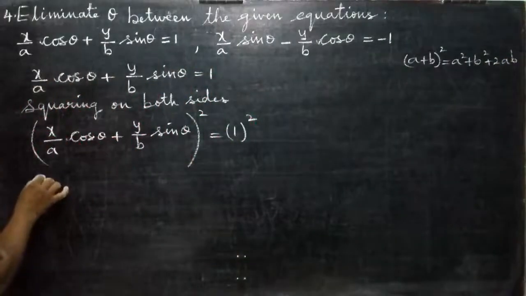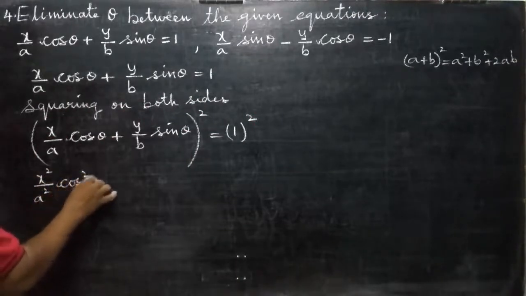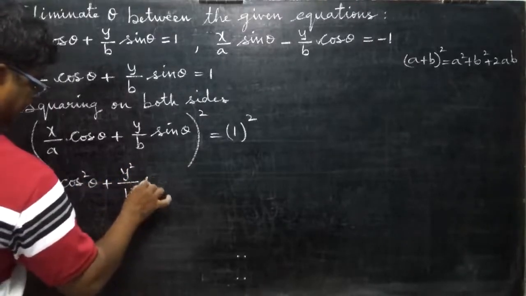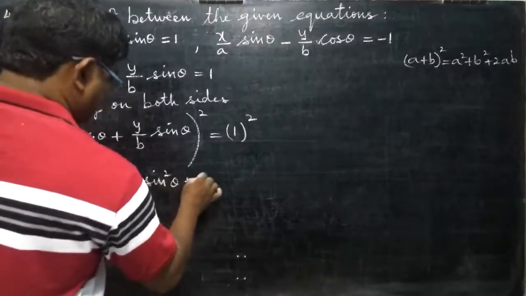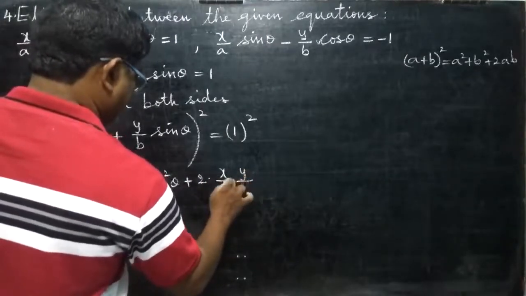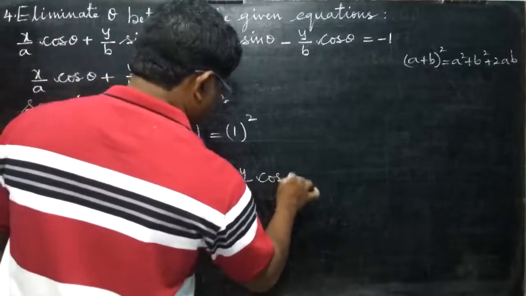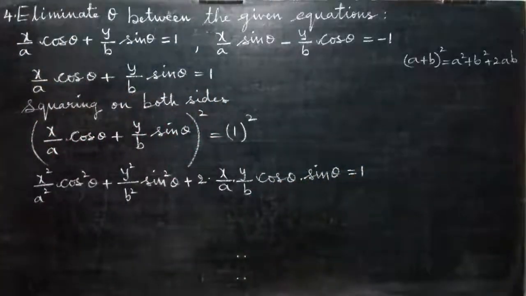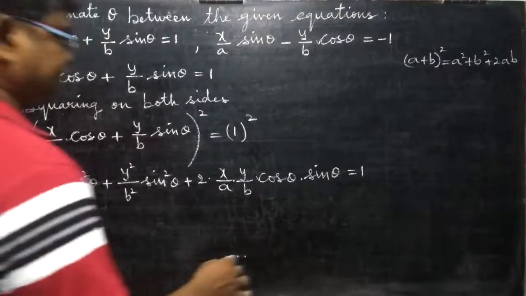So x square by a square cos square theta plus y square by b square sin square theta, so a square plus b square completed, plus 2ab, that is 2 into x by a into y by b into cos theta into sin theta, is equal to 1. 1 how many times we multiply, also 1 only.